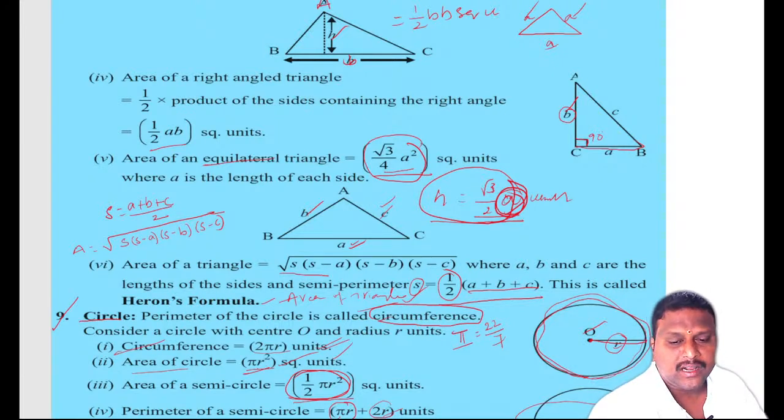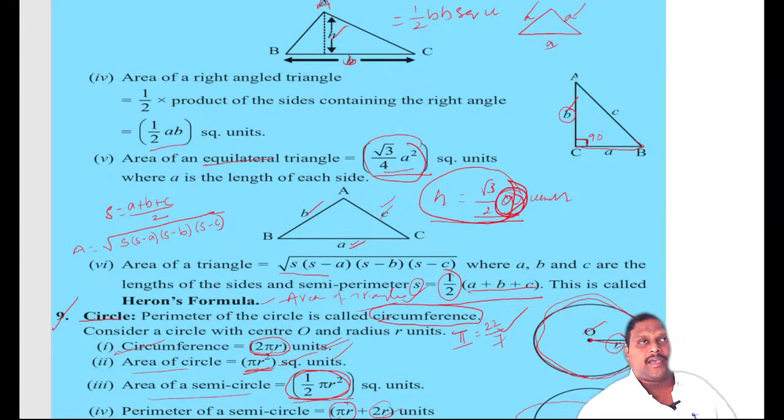Therefore, circumference of a circle is 2 pi r units, where pi is 22 by 7. The area of a circle is pi r square. Area of a semicircle means half pi r square. Why? Because semi means half of the circle.